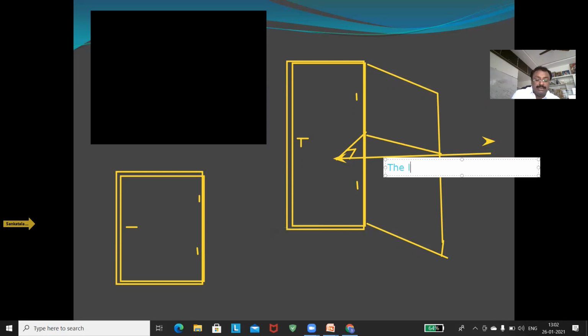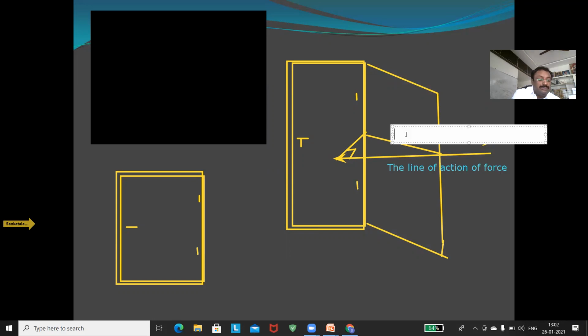Here the length of the door, so we want this distance.